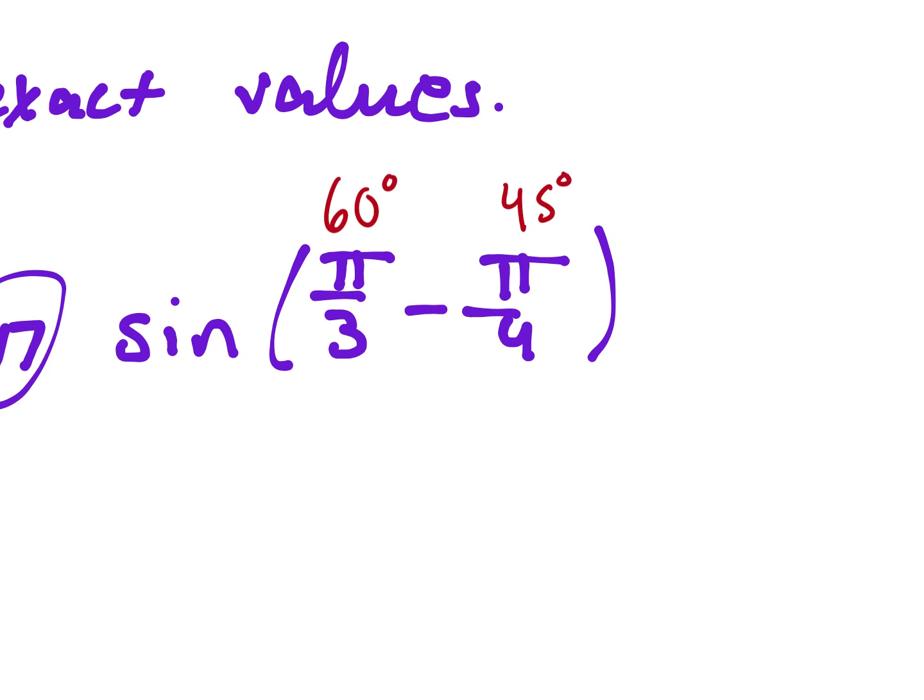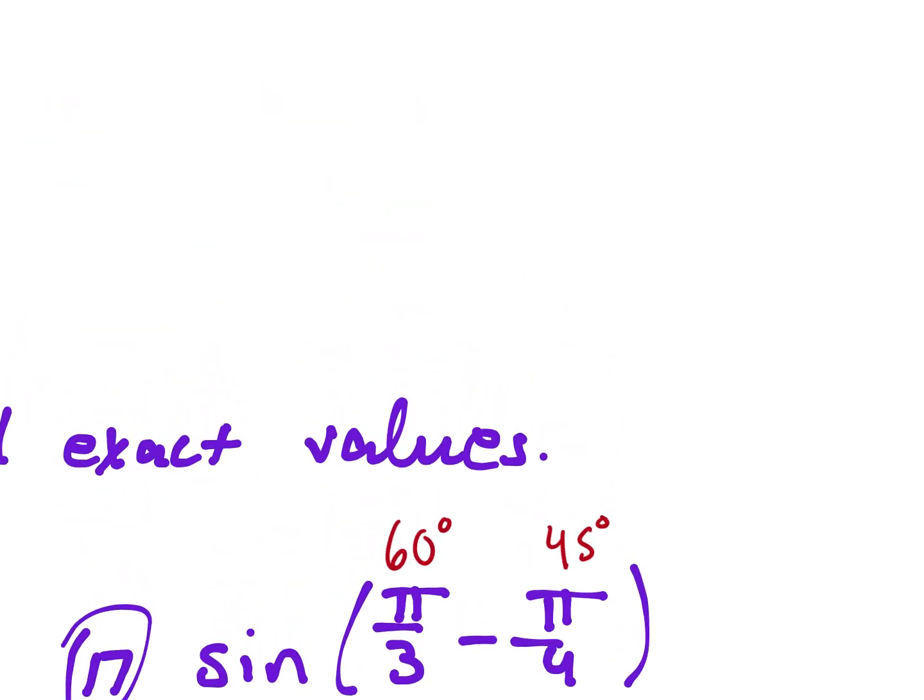But you don't really need to convert them. If we had something like 11 pi over 4, that is not on our unit circle, so I would want to convert it to degrees to see what measure it is.